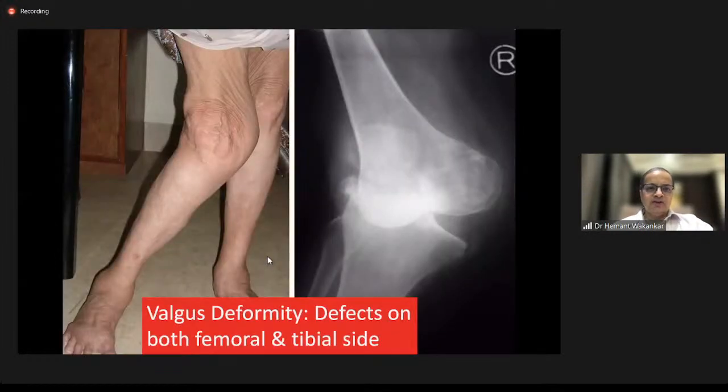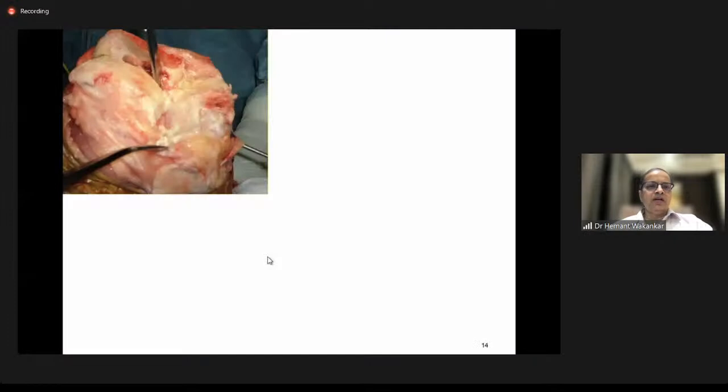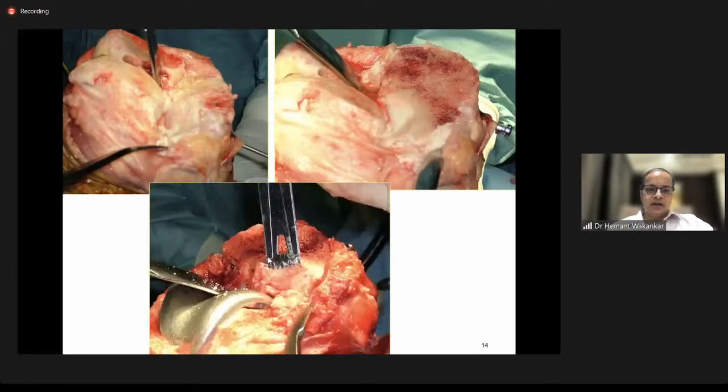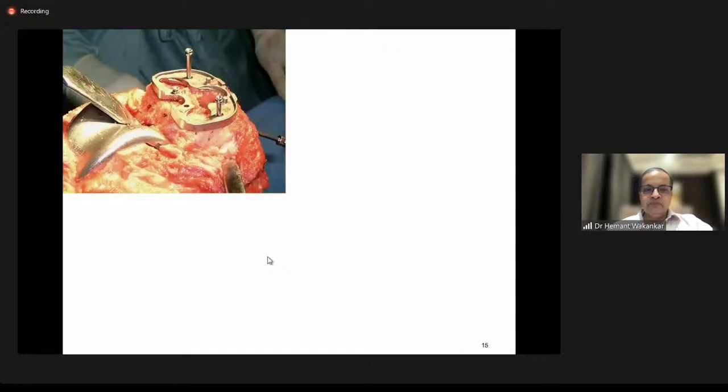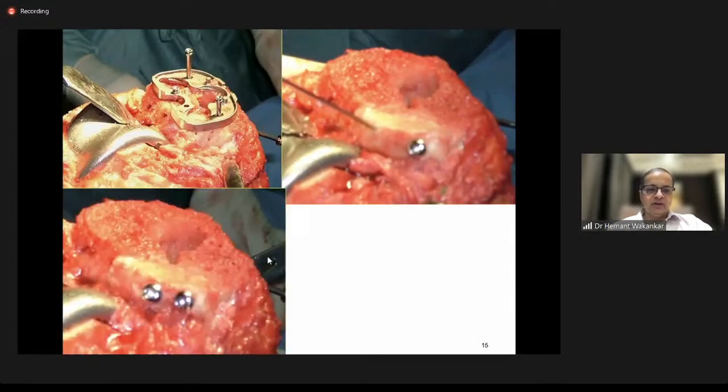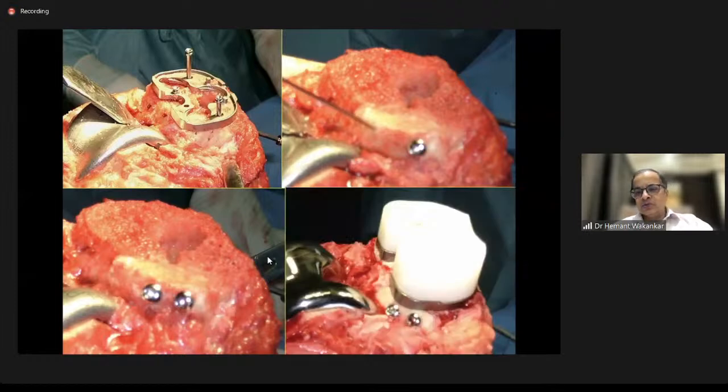Let me show you an example on the lateral side in a valgus knee. As you can see here, there is going to be a defect both on the tibial and femoral side. And this is the kind of defect that was there. I'm just fashioning this defect in the posterior lateral tibial plateau. Again, I'm fixing the graft here using the resected tibial plateau itself, fixing with 2 screws, and that is with the final component in.